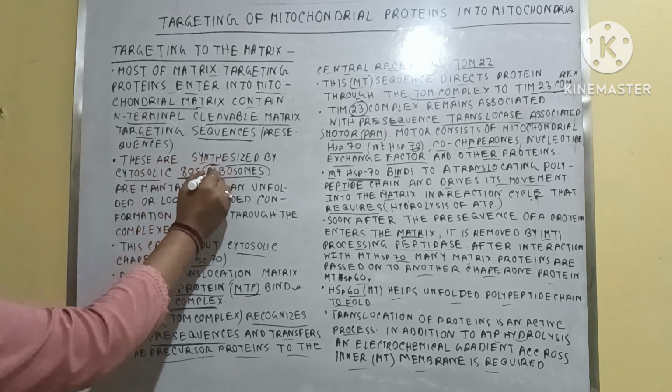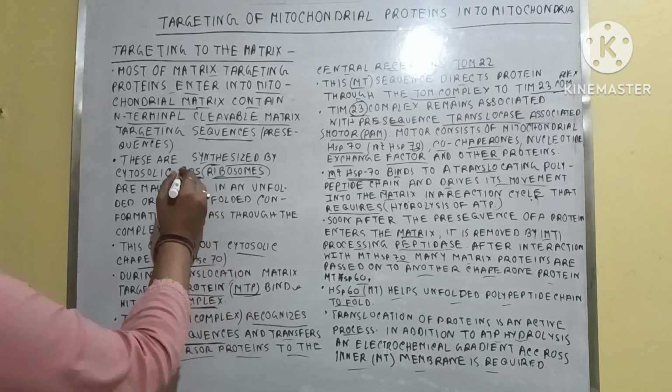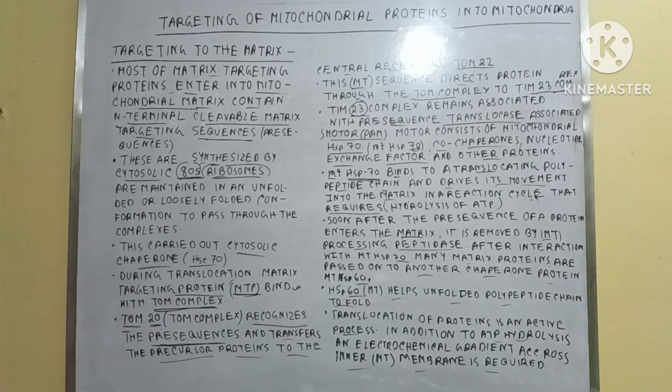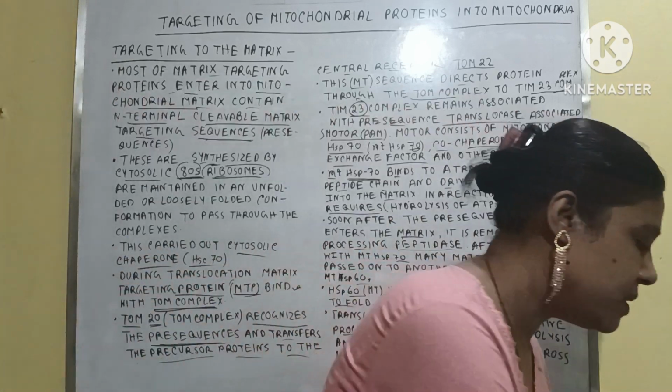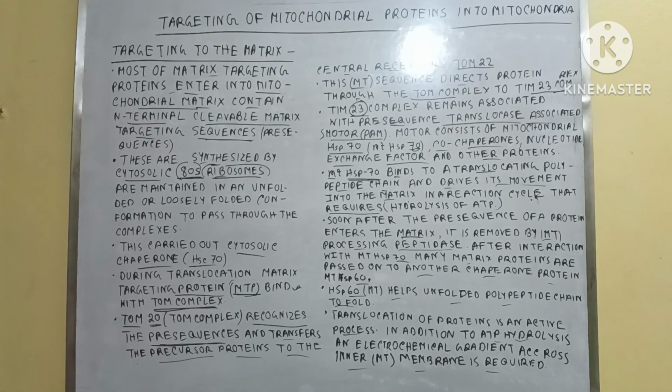These are synthesized by the ribosome, because you all know that ribosomes help in protein synthesis. Specifically, 80S ribosomes are very important for the synthesis of this polypeptide chain.